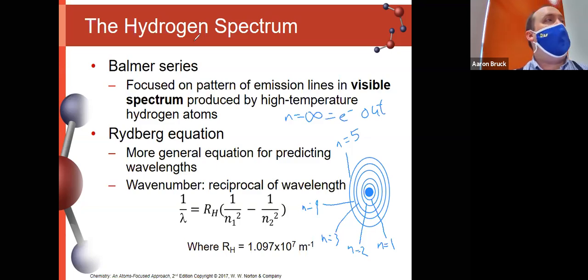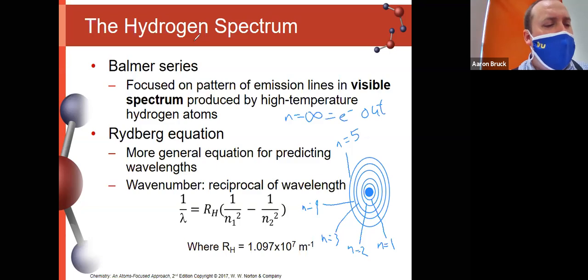Now keep in mind, we're still talking about quantization here. The energy gap between energy level 1 and energy level 2 is a specified amount of energy, and the gap between energy level 2 and energy level 3 is a specified amount of energy, which means only one wavelength will allow that transition to take place.